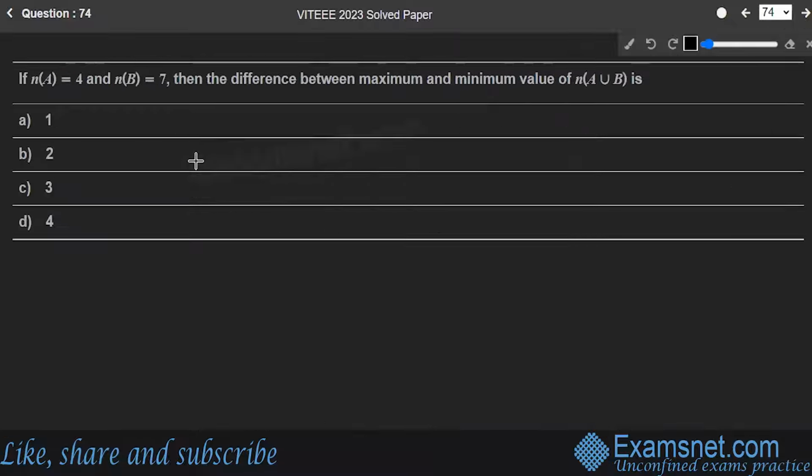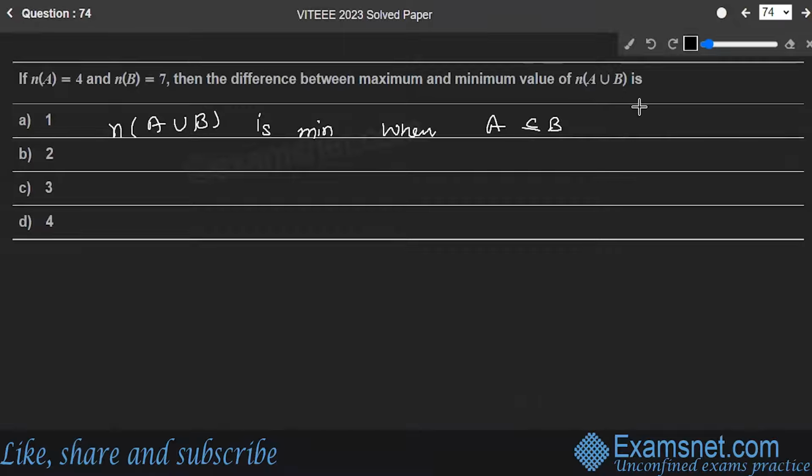Hope you got that. Next is question number 74. If n(A) = 4 and n(B) = 7, then the difference between maximum and minimum value of n(A ∪ B) is. Okay. See, first, n(A ∪ B) is minimum when A is a proper subset of B, right?